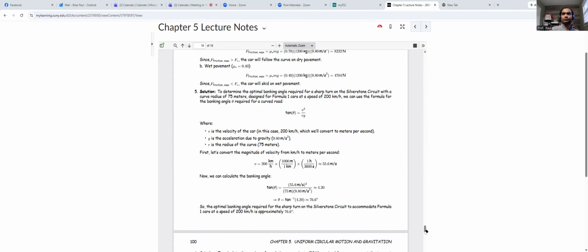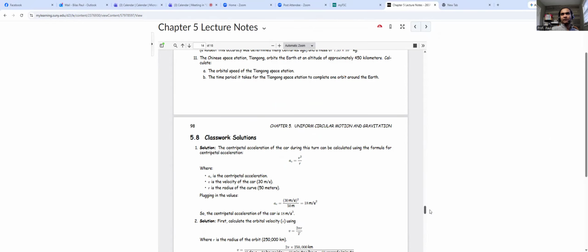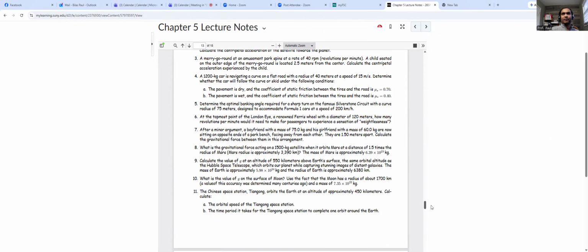Okay, number 6 is this one. At the topmost point of the London Eye, a renowned Ferris wheel with a diameter of 120 meters, how many revolutions per minute would it need to make for passengers to experience a sensation of weightlessness? Okay, so 3 things here are very important, we have to carefully read it.